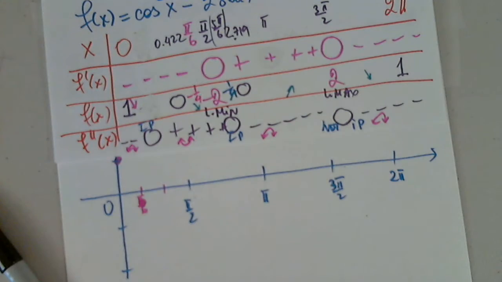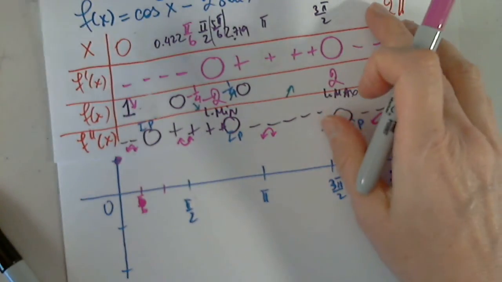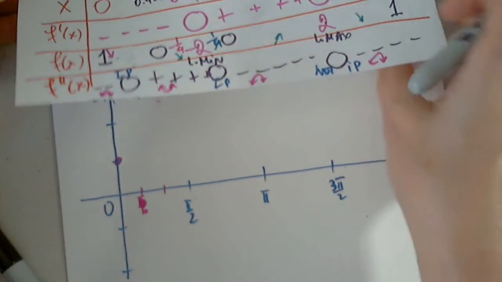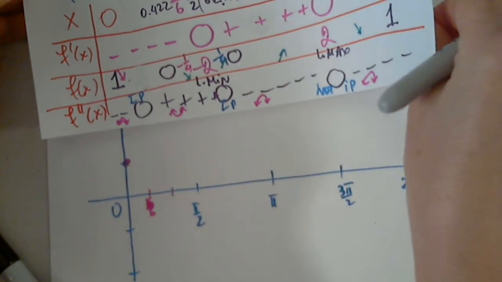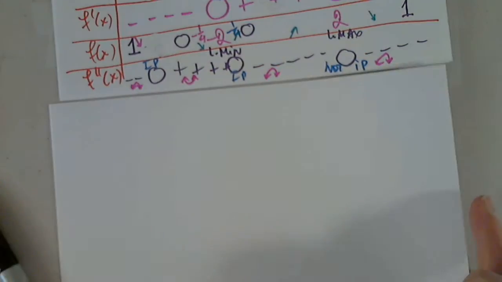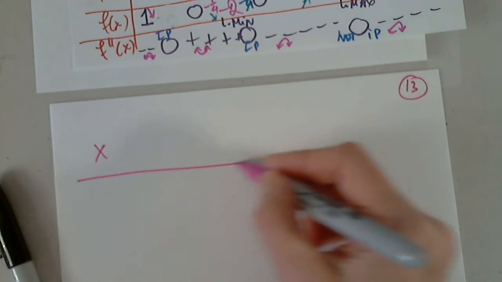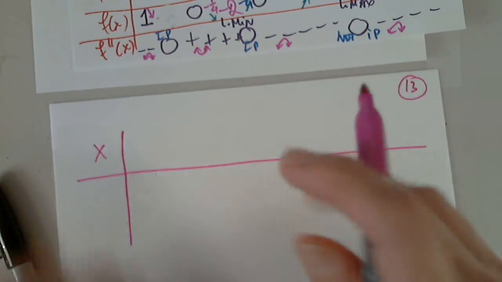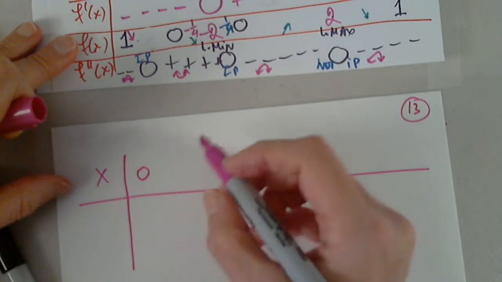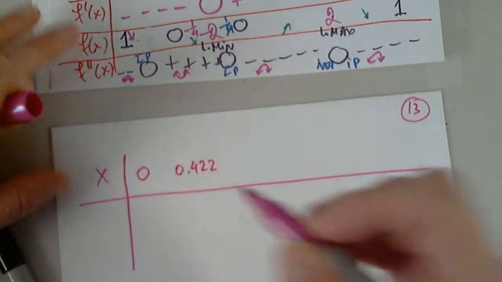Okay, so decreases to, and that's where the inflection point is. I will have to redo the table because it's too squeezed in and you may have difficulties understanding it. Yep, that's with the trig functions. I warned you. Which page am I on? I'm on page 13. Okay. So let me put these in the correct order. 0, 0.422.